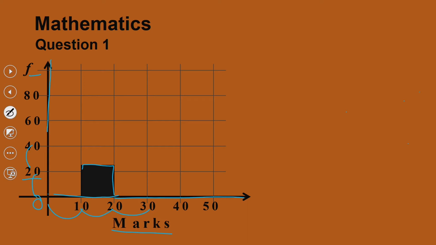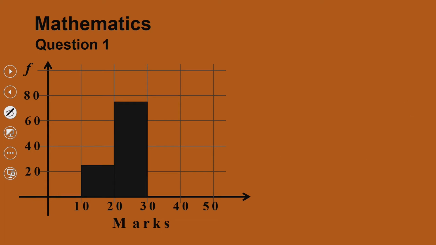We can proceed using the information that we've calculated from the previous section, so that we can draw the next bar, and this bar goes up to 74, which is approximately there.